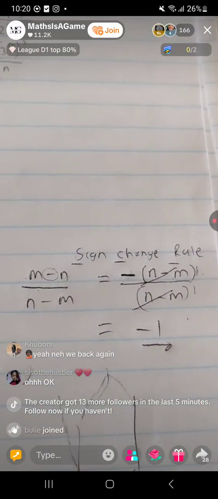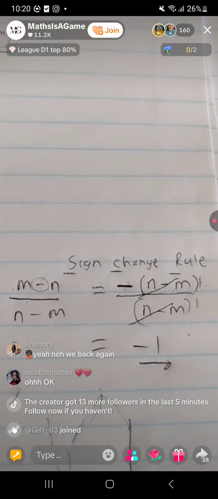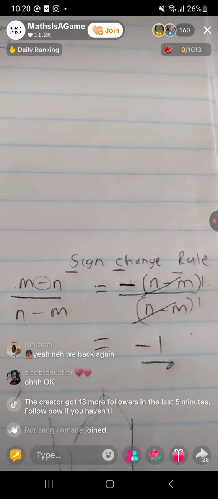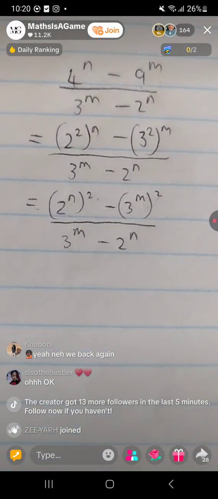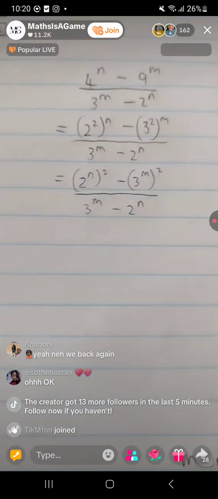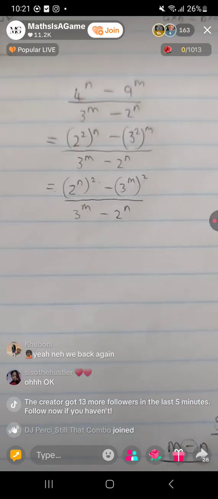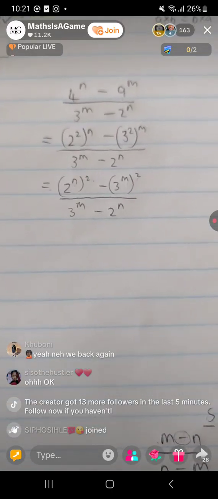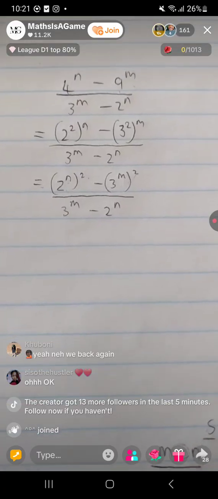So this sign change rule is useful in many aspects in mathematics, right? In situations like this, if you look at the two terms in the numerator, you first ask yourself how many terms there are. 2. Then, second question, should we apply the sign change rule?